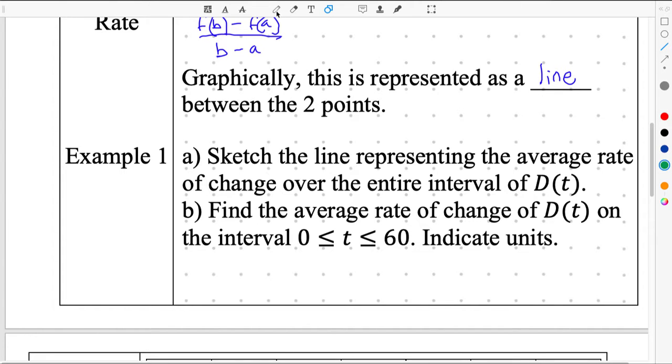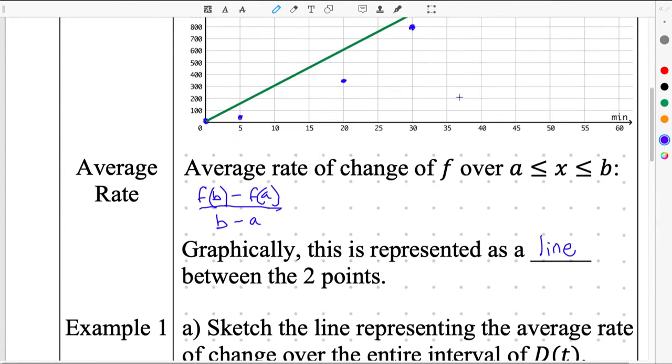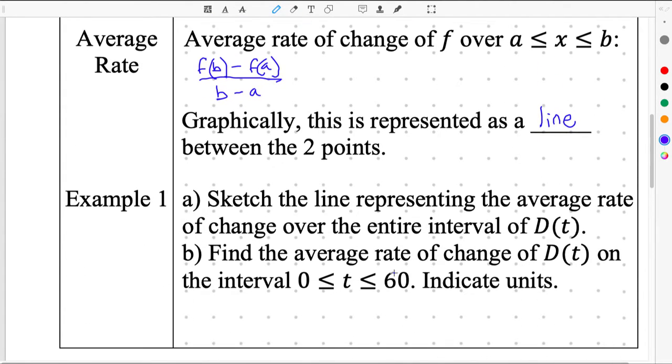Alright, so if we come back here, again, we're using this formula. Well, f of b, we're going to say that 60 is b because that was the last part of the interval. So it's going to be f of 60, all of that minus f of 0 divided by 60 minus 0.